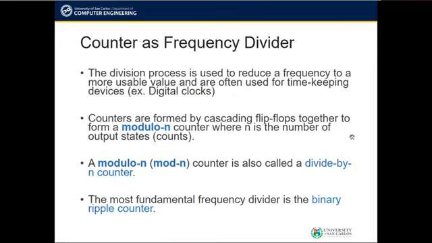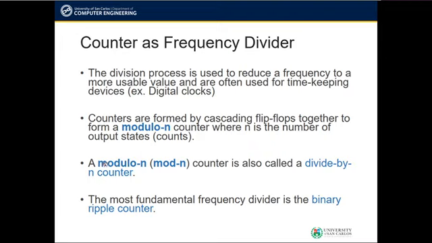Another way to perform frequency division is to use counters. Just like what was previously mentioned, the division process is used to reduce a frequency to a more usable value and is often used for time-keeping devices like digital clocks. To create frequency dividers using counters, counters are formed by cascading flip-flops together to form a modulo n counter, where n is the number of output states or counts.